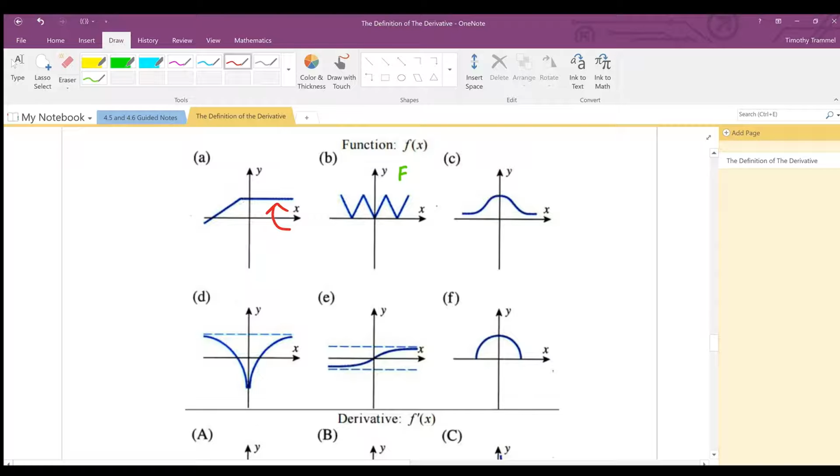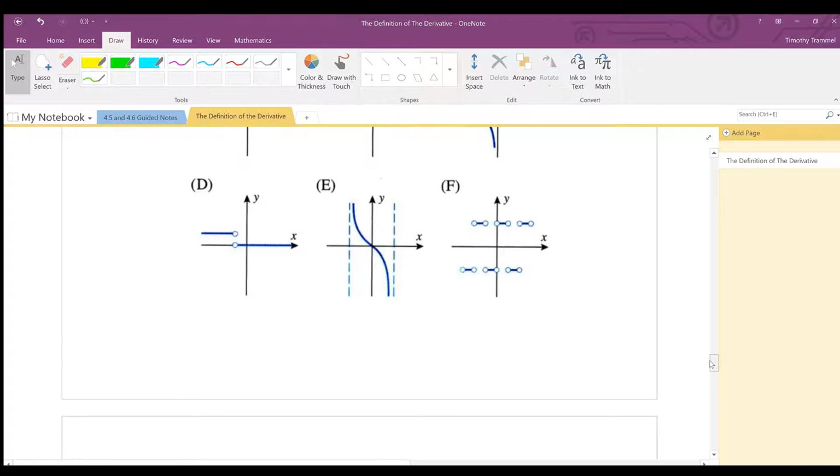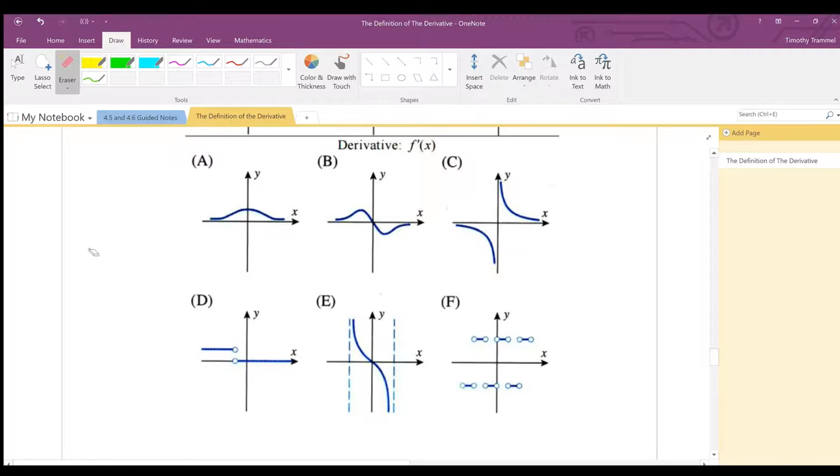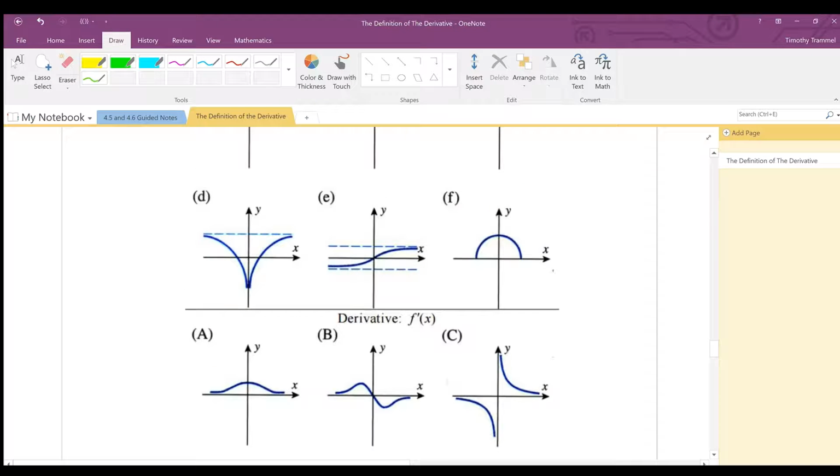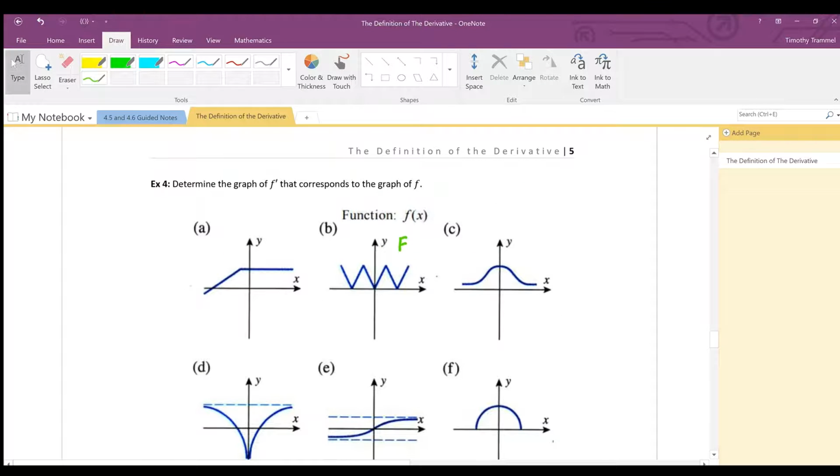So once we hit this intersection, we should see just the line y equals 0 for the derivative. Let's see if we can find that. Right, and D looks like it fits that description. And you can even see where the derivative doesn't exist. That was where those two functions met up for the piecewise function. So D corresponds with A.